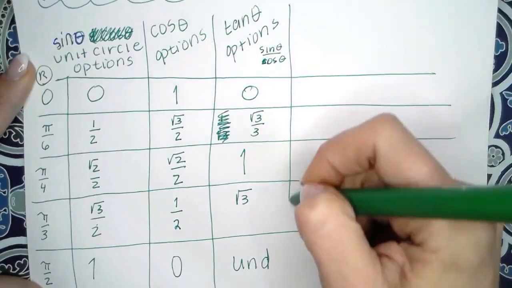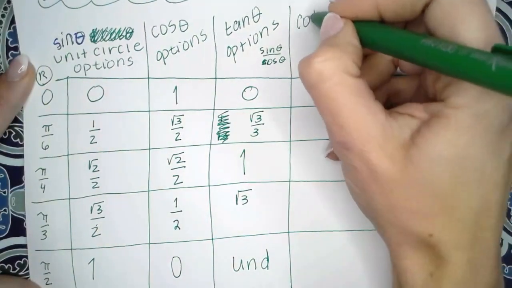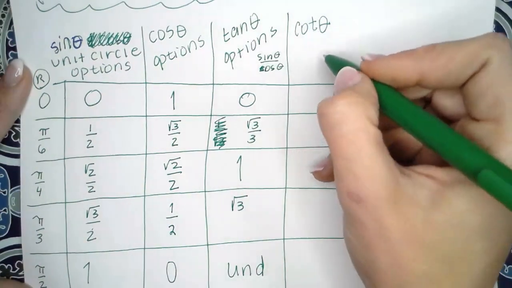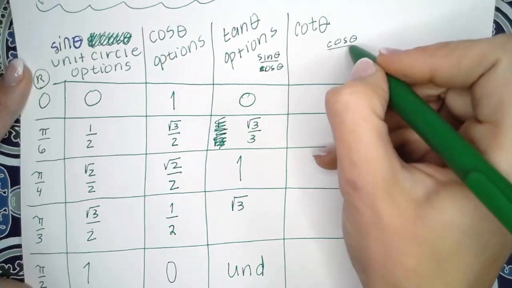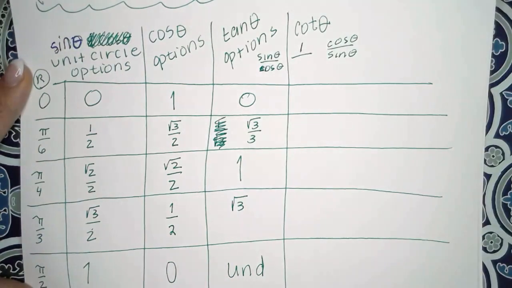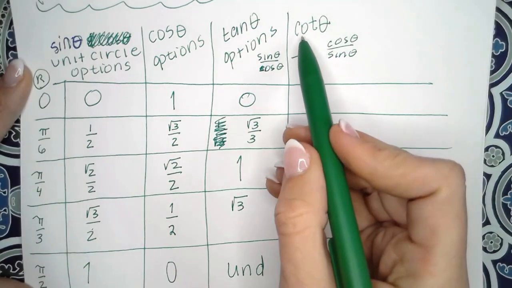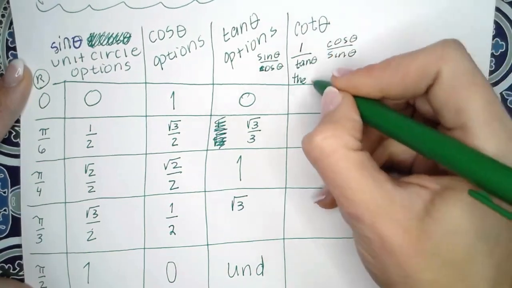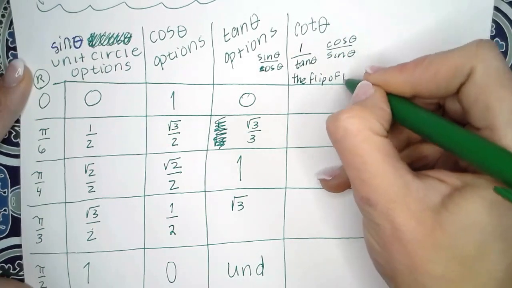Keep building from there. Tangent, the buddy is cotangent. Now, I could either say that cotangent is cosine over sine and divide all over again, or I can remember it's really 1 over what? Or the flip of what? Who is cotangent the reciprocal of? Tangent. It's the flip of tan theta.